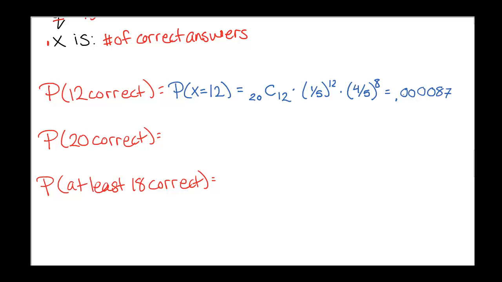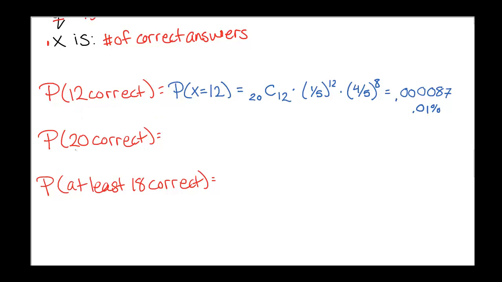So our probability comes out to 0.000087, or this would be 0.01% approximately. So there's pretty low probability of getting exactly 12 answers correct.